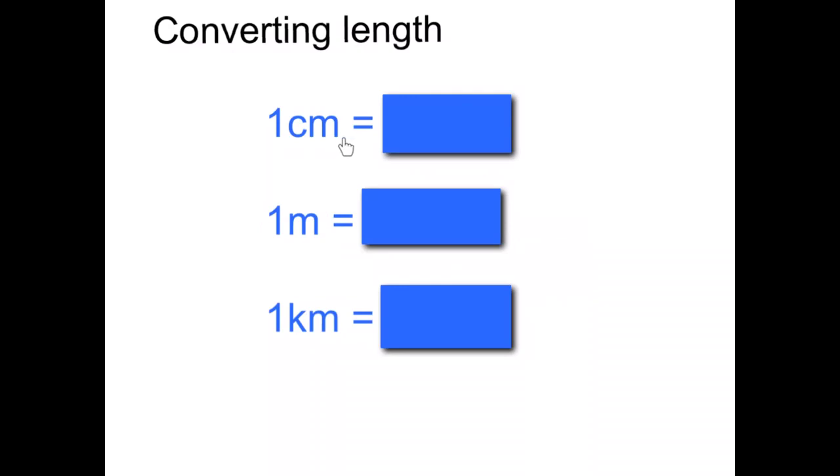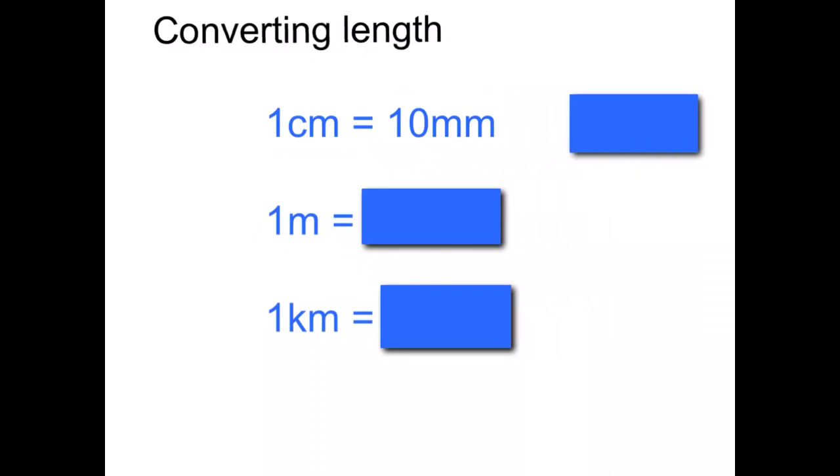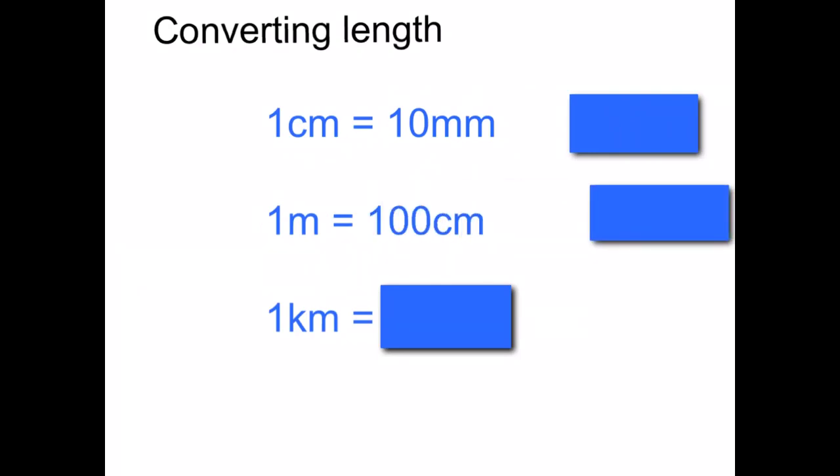So 1 centimetre is the same as 10 millimetres. 1 metre, if we think of a metre stick, is the same as 100 centimetres. And our last one, 1 kilometre, that we would normally measure large, long distances in, for instance, one town to another.